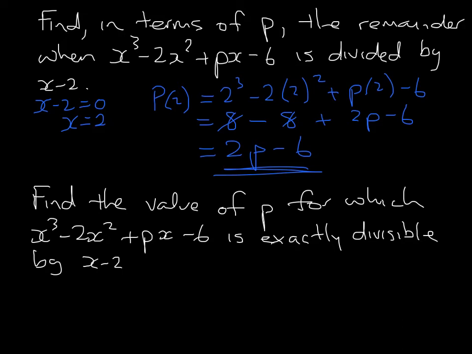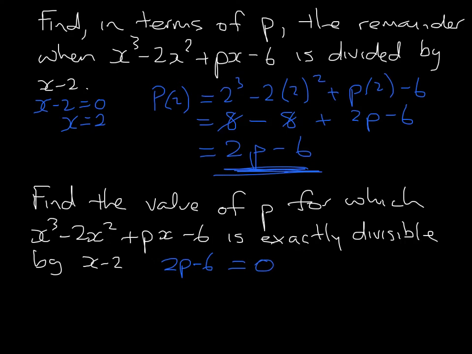So if we go into the second part of this question, find the value of p for which the same equation is exactly divisible by x minus 2. What that means is when we substitute x equals 2 into the equation, the answer is going to be 0. We've already done a lot of that hard work. We know that the remainder for this is going to be 2p take 6, and that will be equal to 0 to have no remainder.